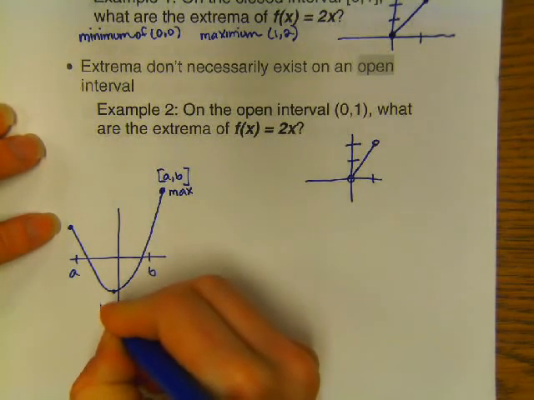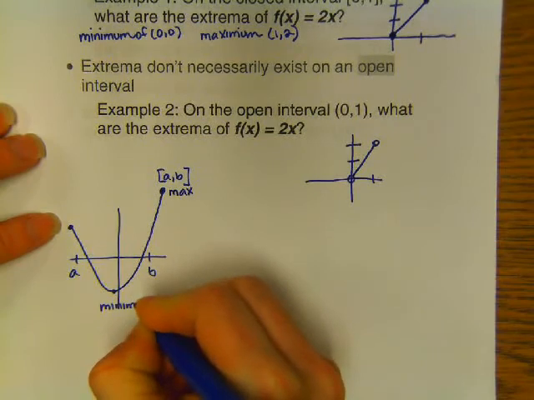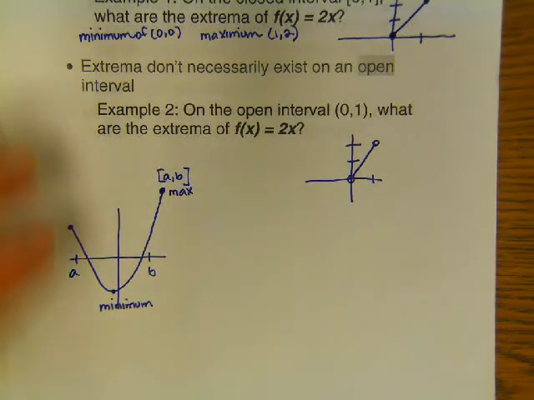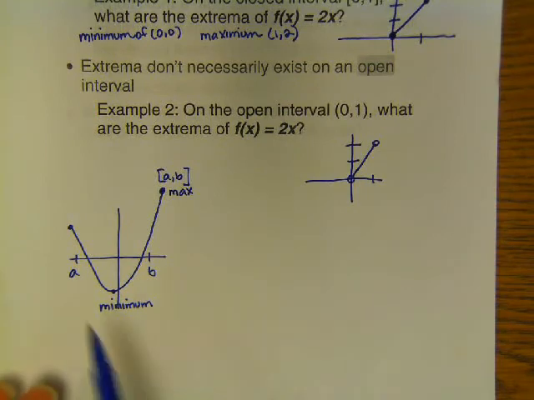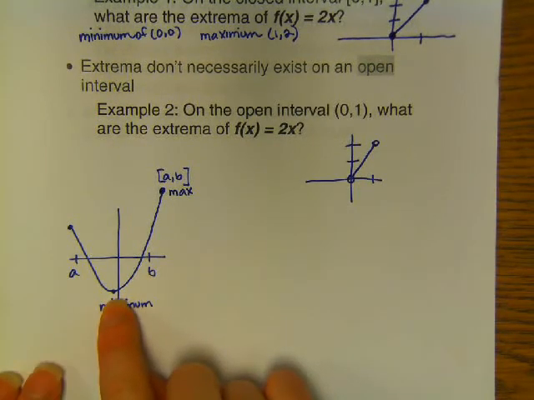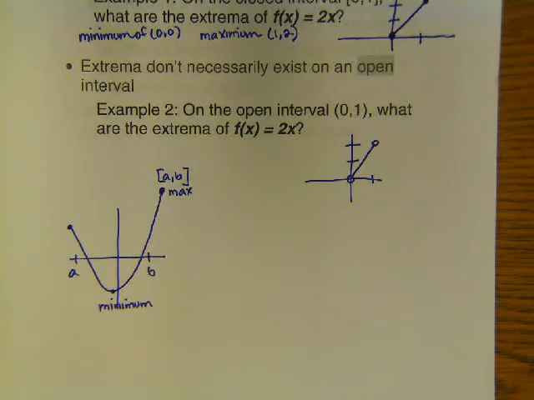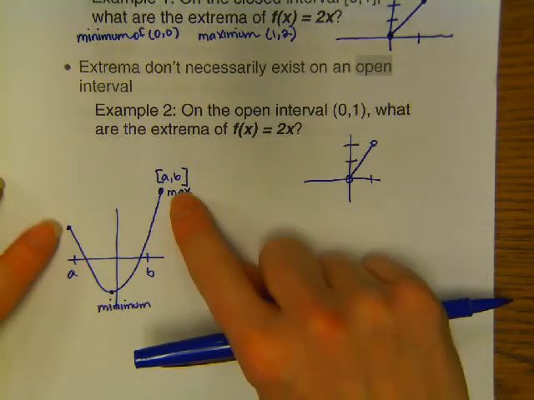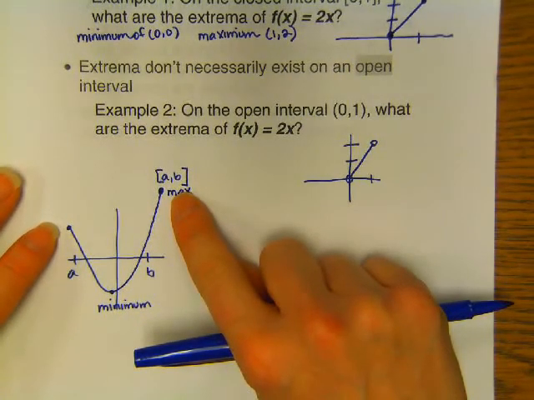Okay. The main thing that I want to point out here is that we are used to just finding these kinds of minimums, and what you're going to have to get in the habit of doing in this class is also always checking the endpoints, because on a closed interval the endpoint could also be a max or a minimum.